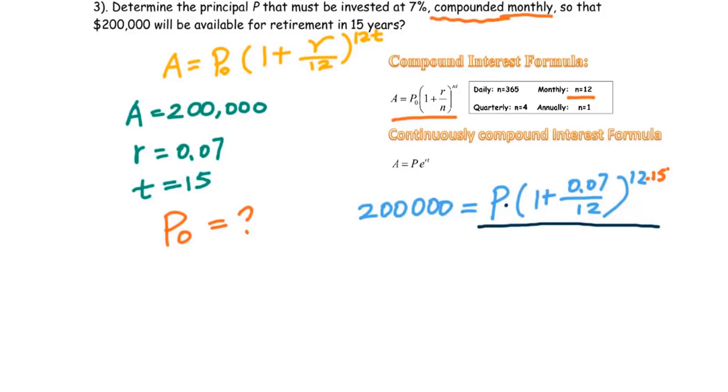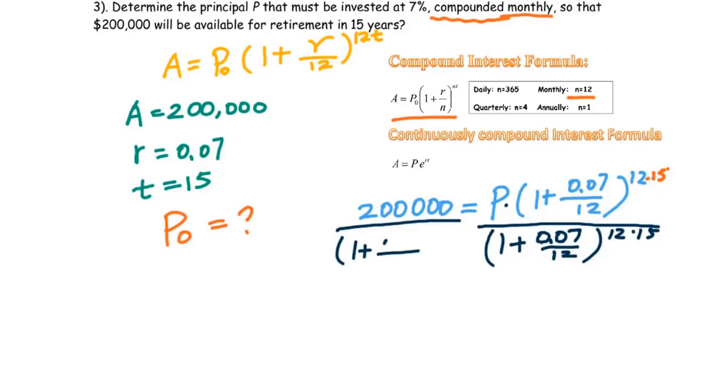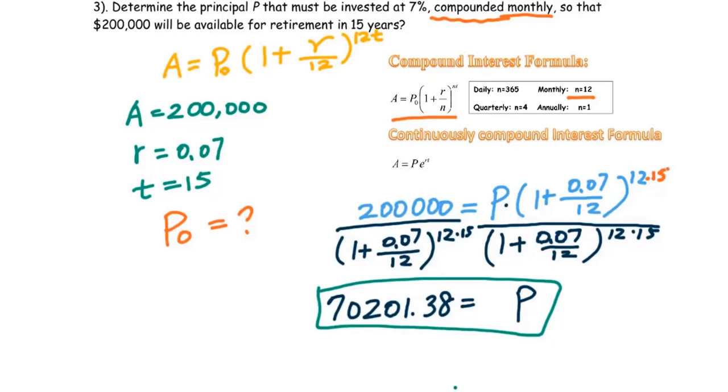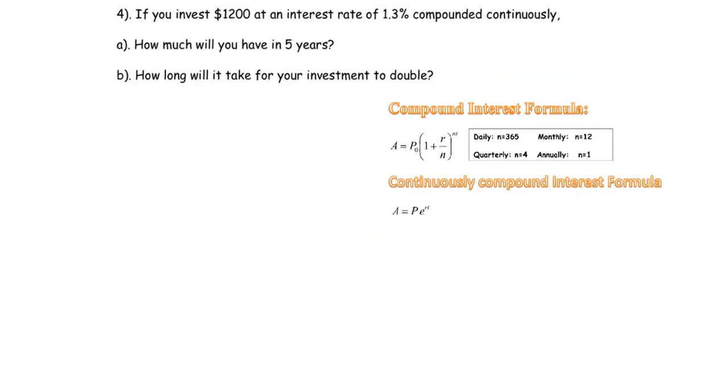Therefore, we just divide by this coefficient, 1 plus 0.07 over 12, to the 12 times 15 both sides. Then we got this P. We put into calculator, so we got P equals 70,201.38.